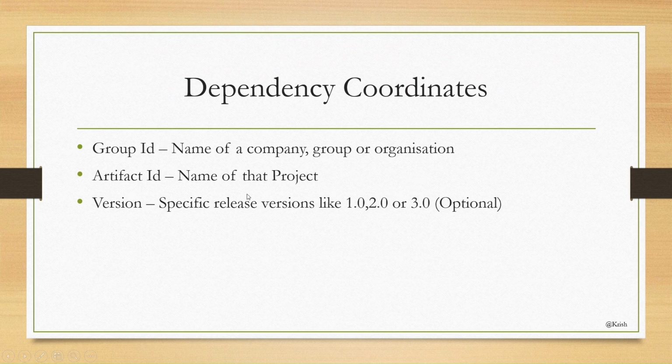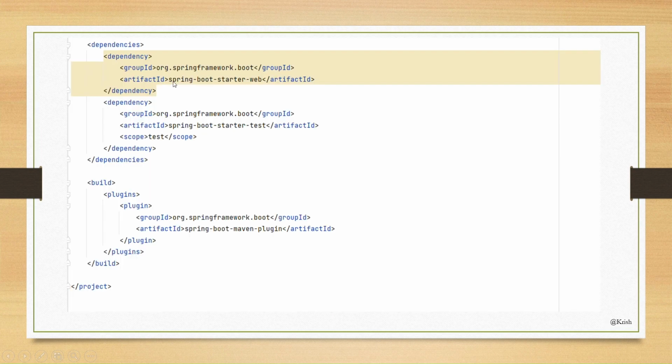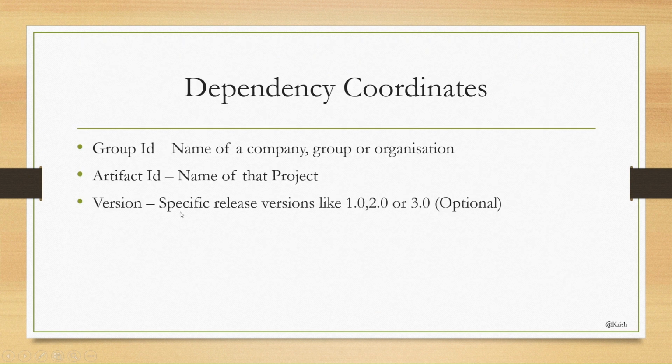Next, artifact ID is the name of the project, meaning which jar file you are using, like SpringBoot starter web, SpringBoot starter JPA, or SpringBoot starter security. And next is version, like 1.0 or 2.0. It is optional, but as best practice you should add the version also, because some applications may need a later version. So adding the version is very good.